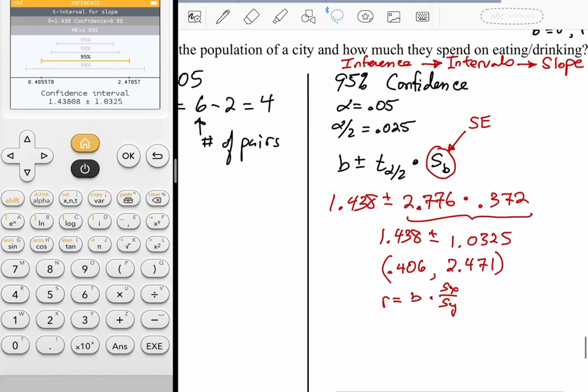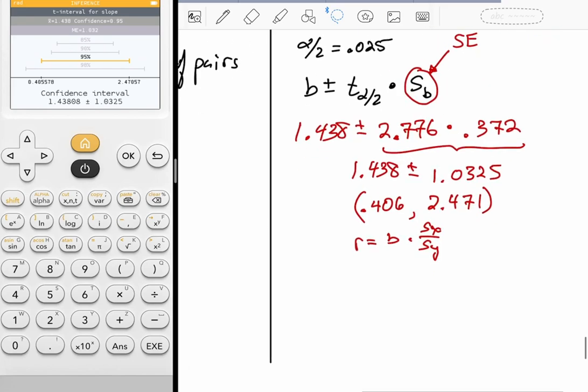Is there a significant association, relationship, correlation, right? So I have the B value, or at least the estimate of the B value. So I'm going to put in the 0.406 for B, because that's my low bound for my correlation. I'm sorry, for my slope. I'm looking for the corresponding R value.